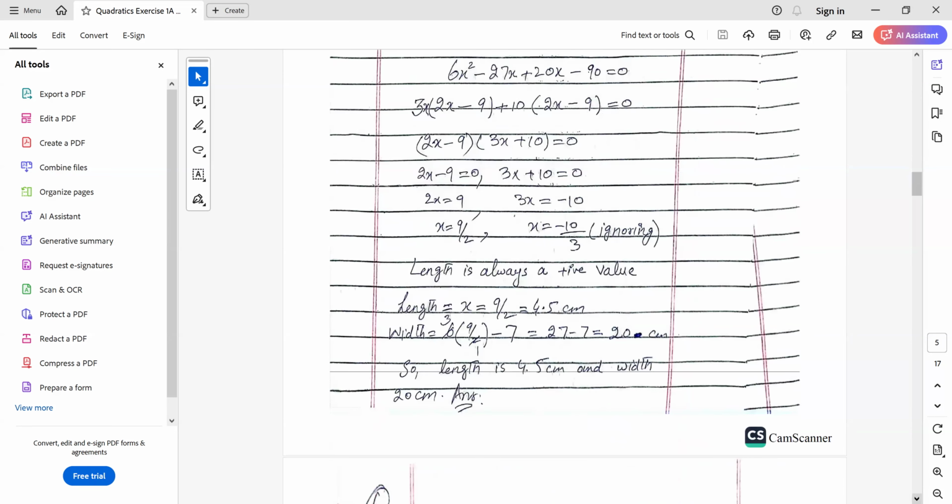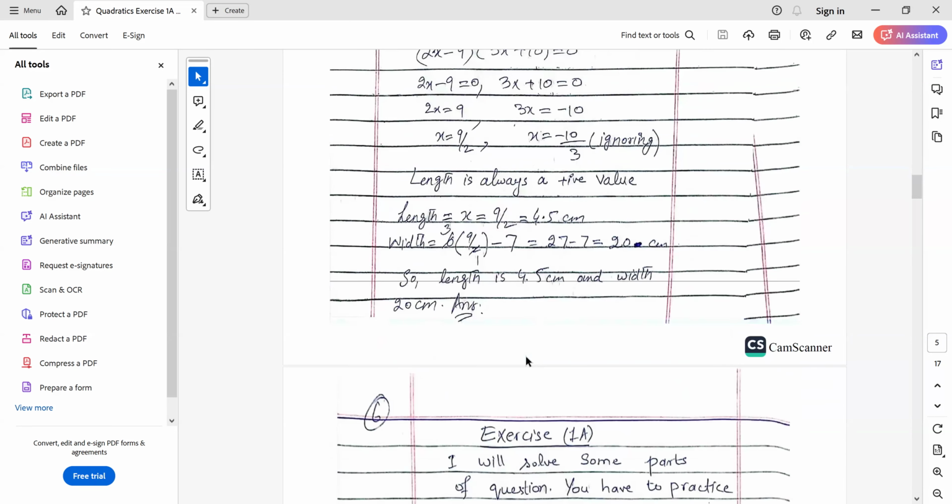Okay, you can see here our desired lengths. x equals 9 by 2, which is approximately 4.5 centimeter, and the width was 6x minus 7. We replace x by 9 by 2 here, and this becomes 20 centimeter.